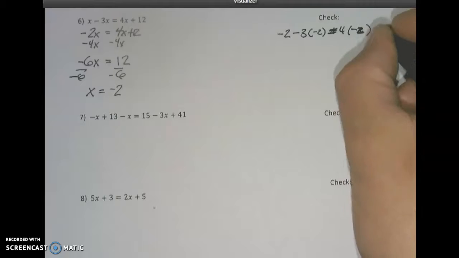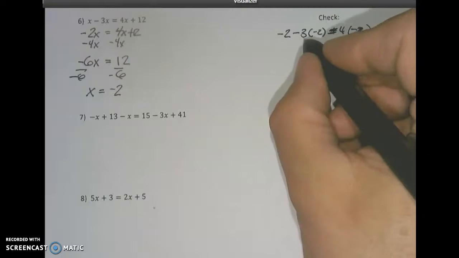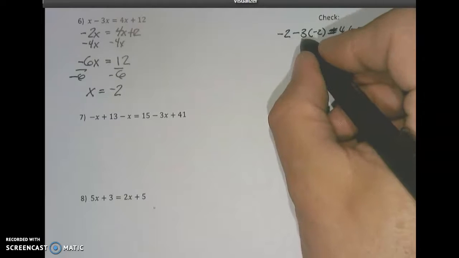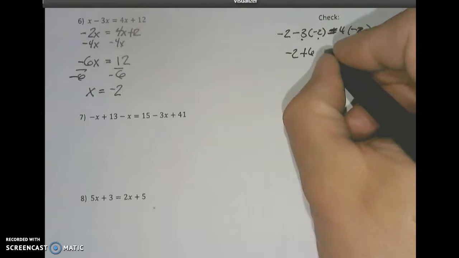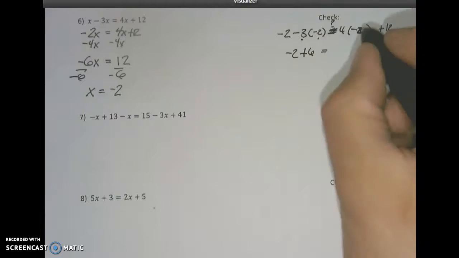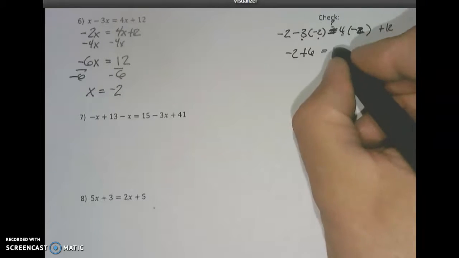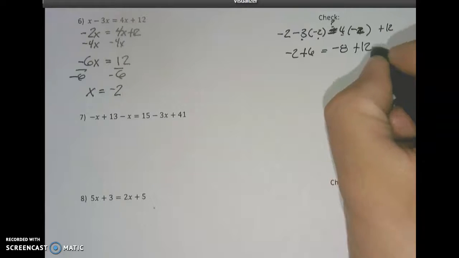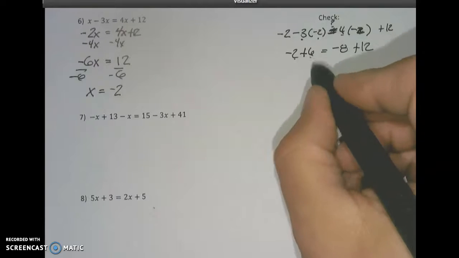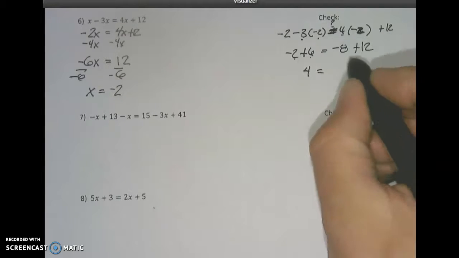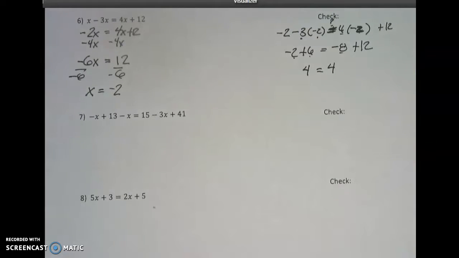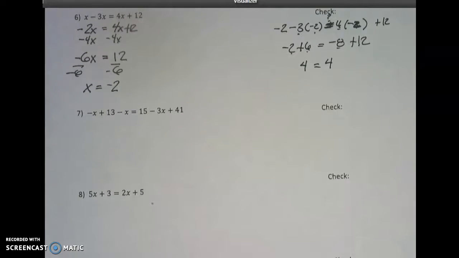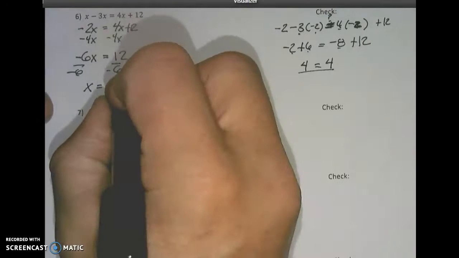So -3 times -2 is a +6. 4 times -2 is -8 plus 12. -2 plus 6 is 4. -8 plus 12 is also 4. So our answer is x equals -2.